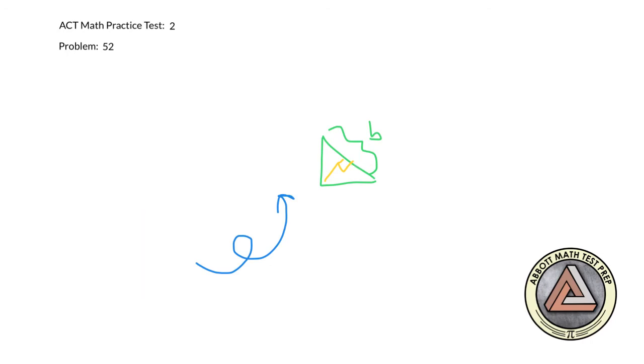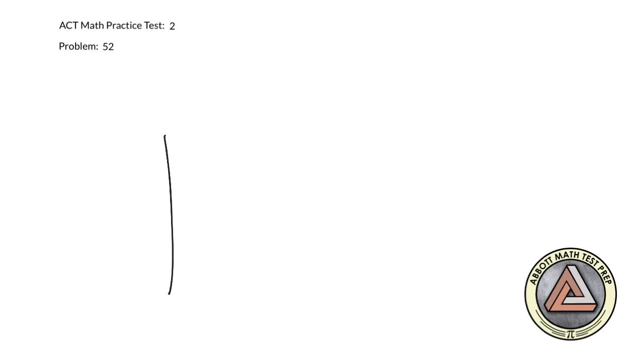Now, as far as the problem itself, they give us the XY coordinate plane, of course. They have B, they have C, and they have A over here. And they also give us points. So the coordinates for B are apparently 0, 6.